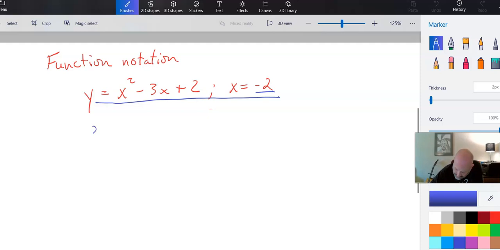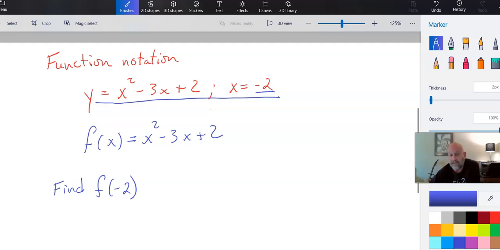I think of it as a function. Instead of y equals x squared minus 3x plus 2, I would write f of x equals x squared minus 3x plus 2, right? So you would be given this, and you would be asked to find f of -2.